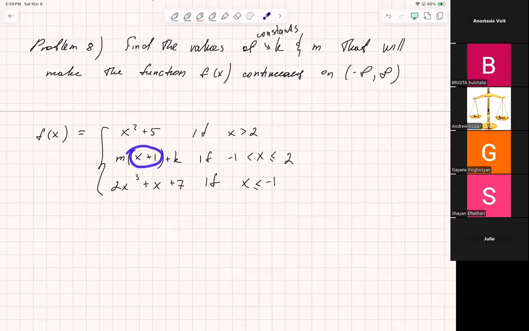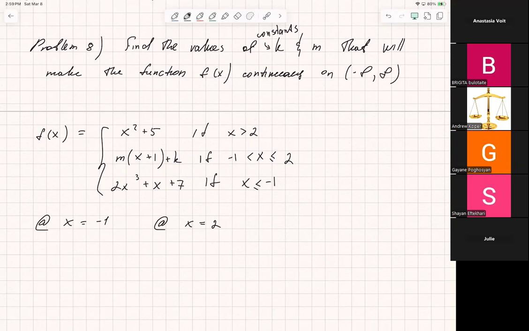So m times x plus 1 is just a line, x to the first power, so it also behaves nicely on its interval. So we only need to check -1 and 2. And the third function also looks nice because it's a cubic function, continuous everywhere. So the only problematic points we need to check are x equals -1 and x equals 2.